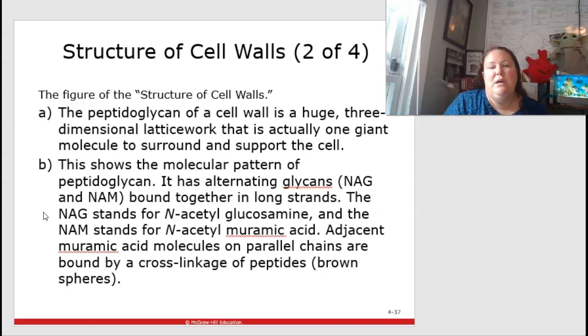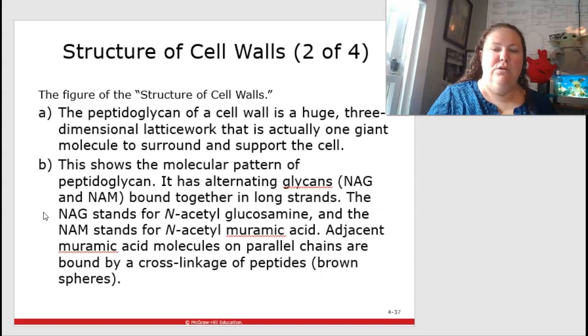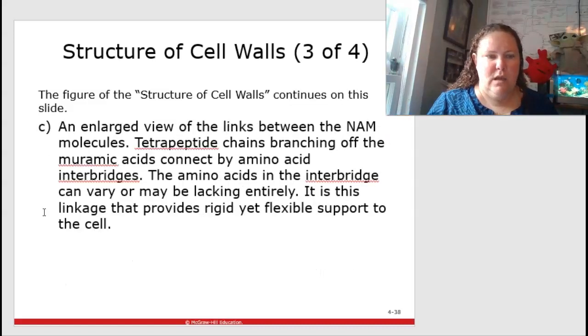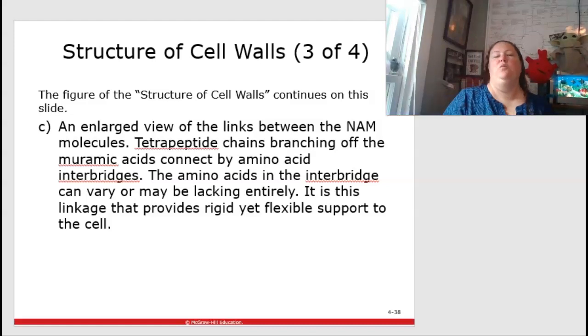And then adjacent muramic acid molecules on parallel chains are bound by the cross-linking of the peptides. Those would be the brown spheres on the image in your book. And then we also have an enlarged view of the links between the NAM molecules. This is where tetrapeptide chains break off the muramic acids and are connected by amino acid interbridges.